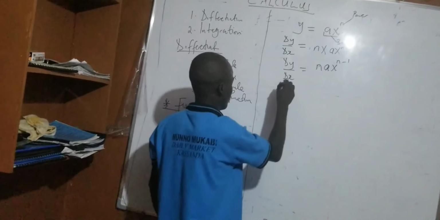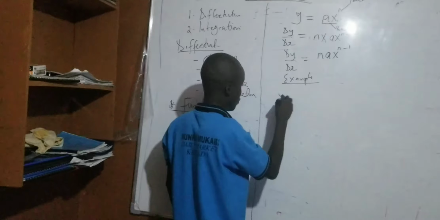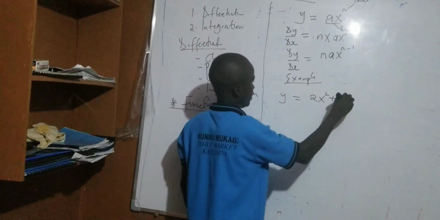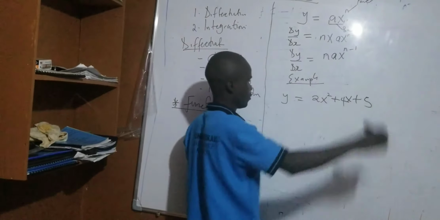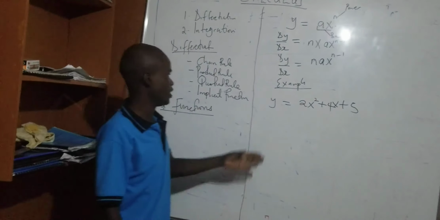An example: they can tell you to differentiate y equals 2x squared plus 4x plus 5. How do you differentiate?